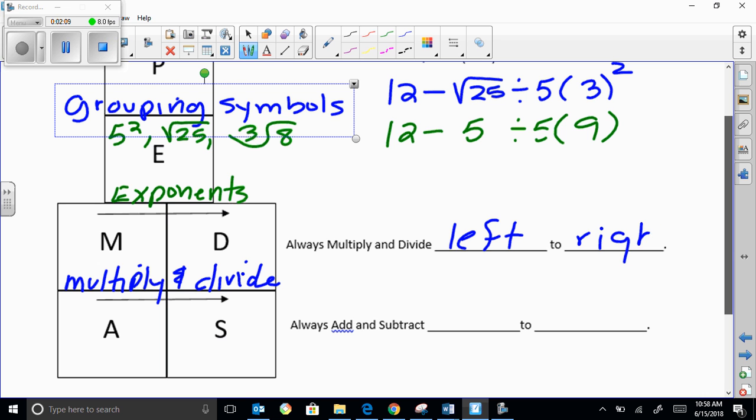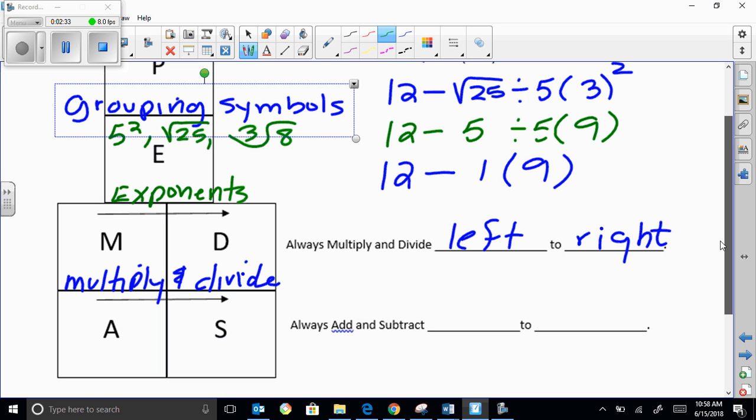Do not skip division and go to multiplication. Do not skip multiplication and go to division. It's whichever comes first. So in this problem, I now have 12 minus 5 divided by 5, which is 1, times 9. I'm not going to skip my division and go 5 times 9 first.